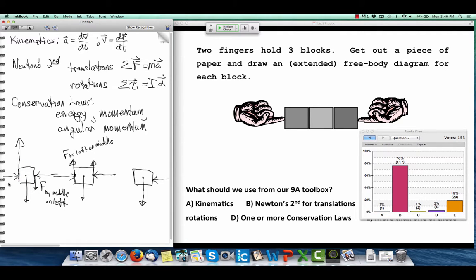The way I've drawn it, I think there's a net torque. And the reason I think there's a net torque about the center of mass is that this force is smaller than that one. I think there's a net clockwise torque. If you're holding those like that, and you should try it, that one on the end is trying to rotate out.